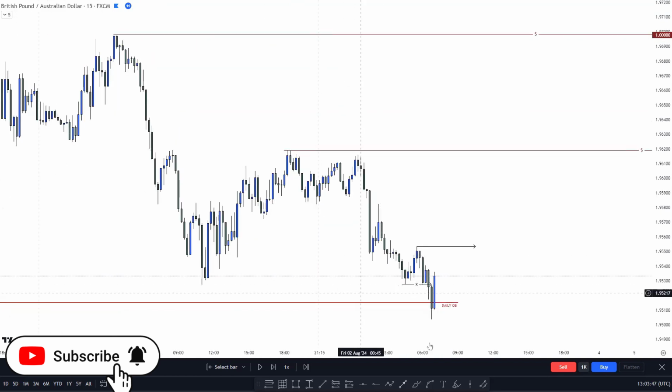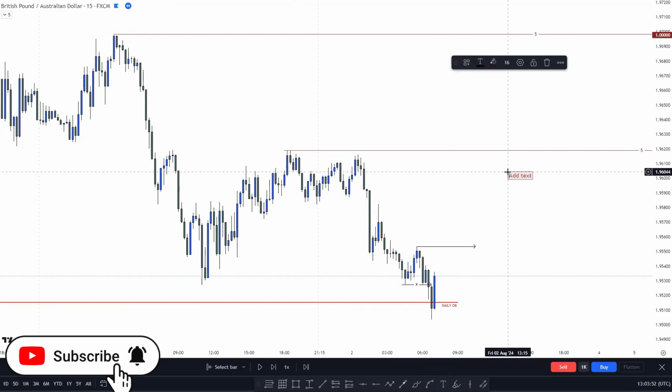First thing we are looking for is timing the market. Next thing is price should grab liquidity after getting into our point of interest.